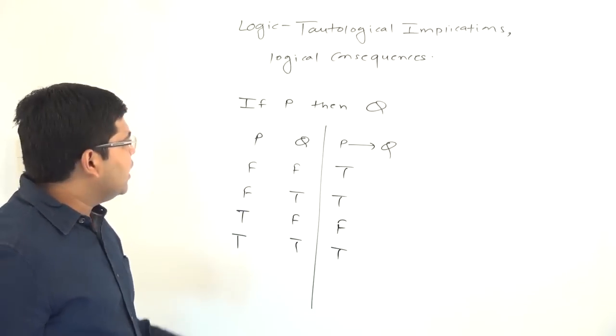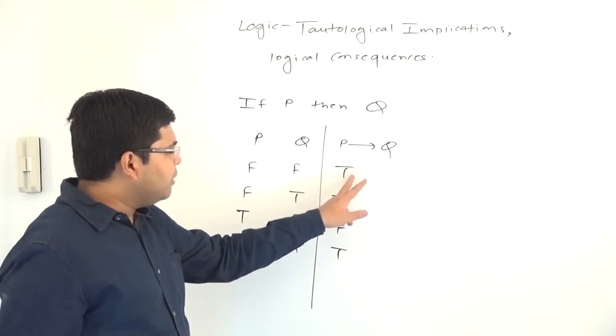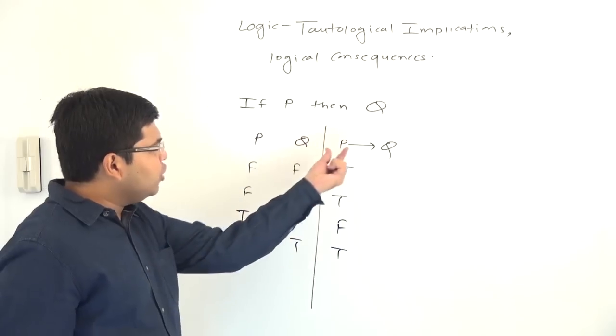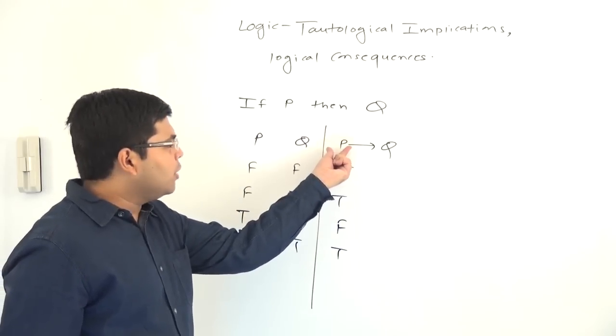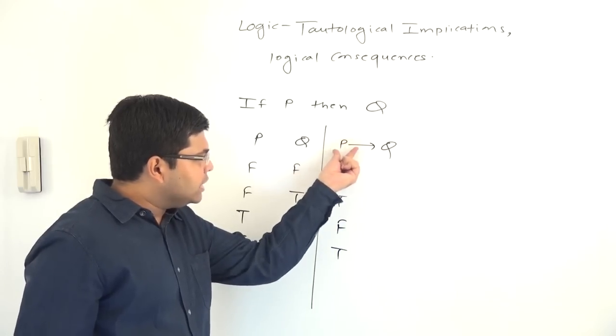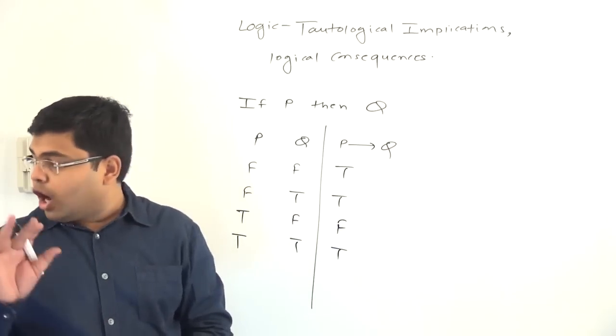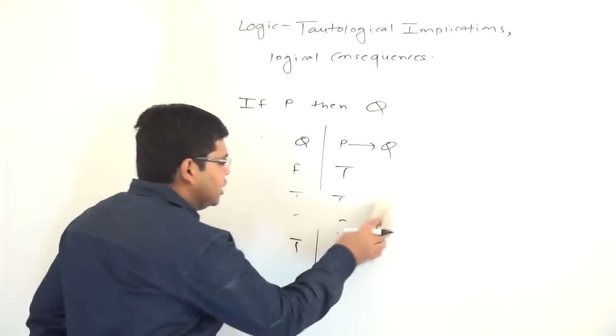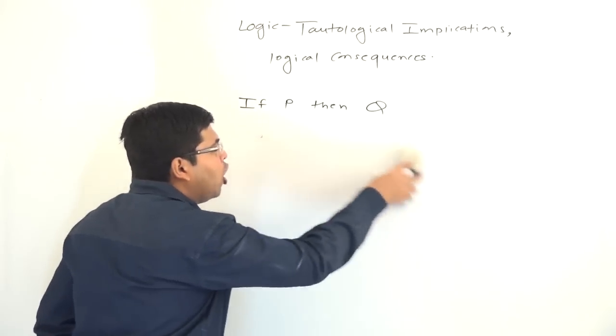The basic point is, an implication can be either true or false depending upon the truth values of antecedents and consequents. However, there are certain implications which can never be false.